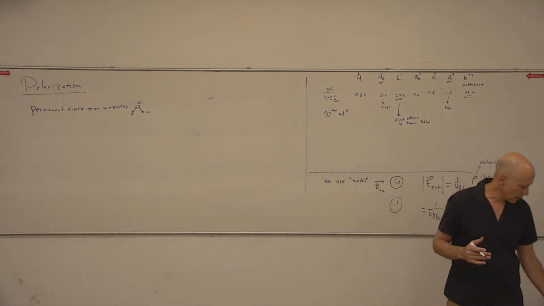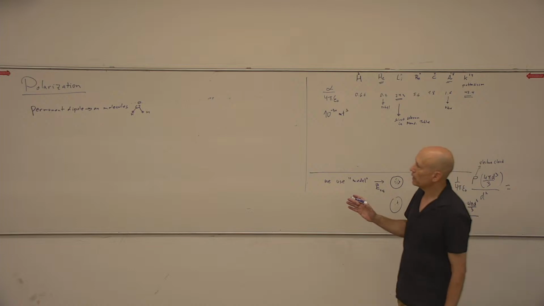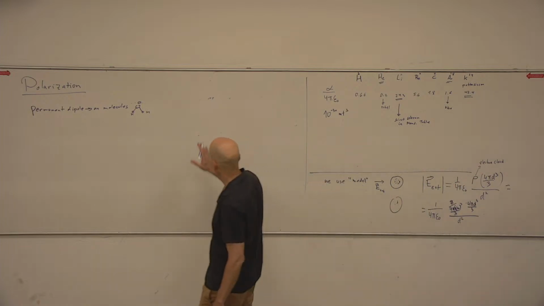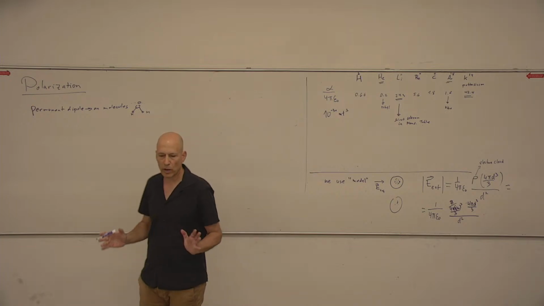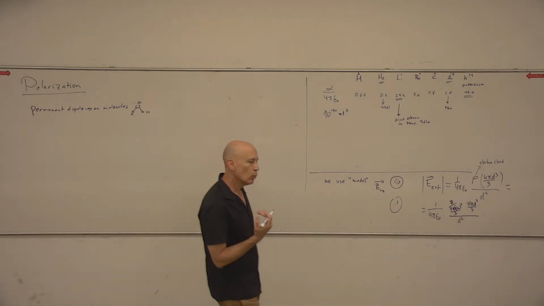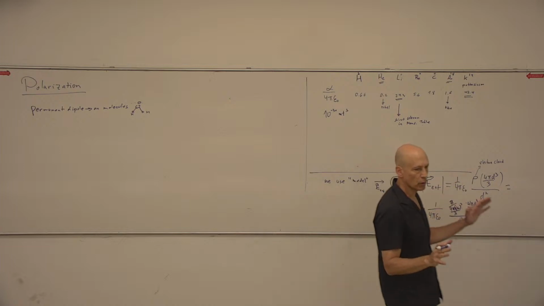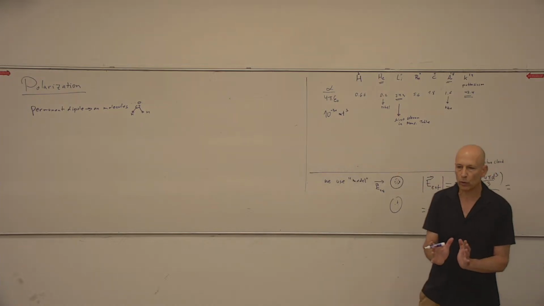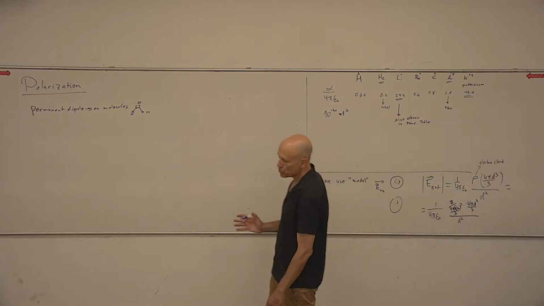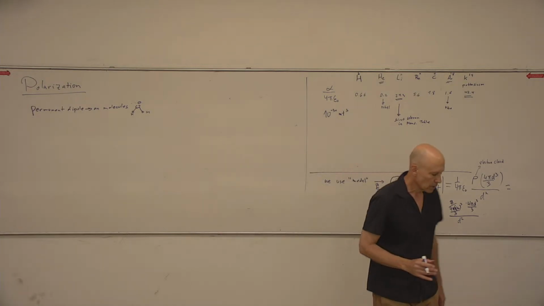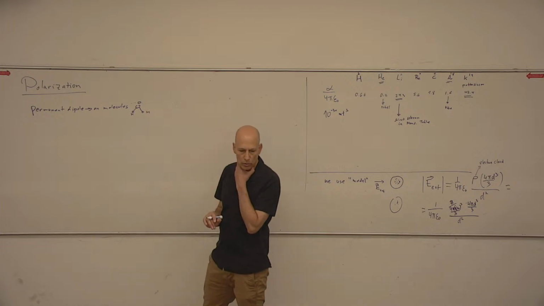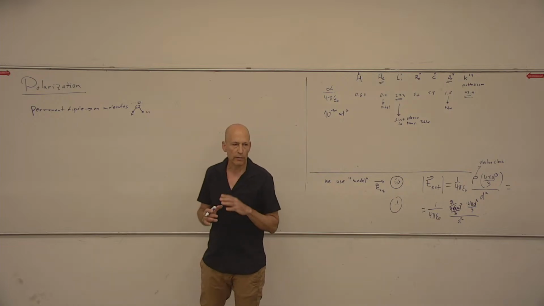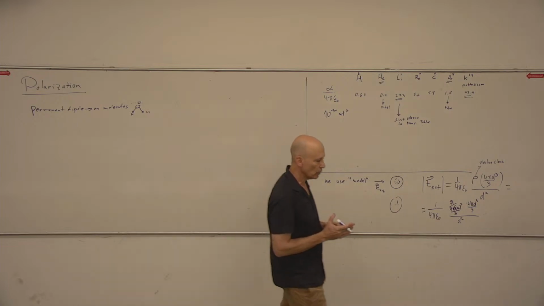Okay. So now the question is, we have permanent dipoles, we have induced dipoles, but now we jump to the macroscopical world because this is the subject of our course, and we can imagine the following: what will happen, let's say, for a gas of molecules? Will a gas of molecules have a macroscopical dipole?